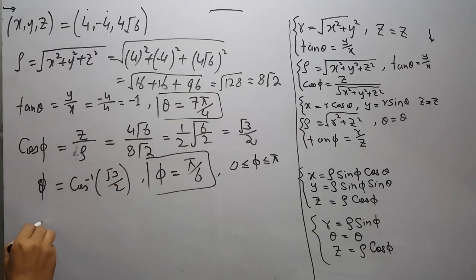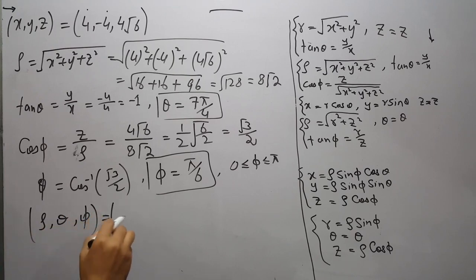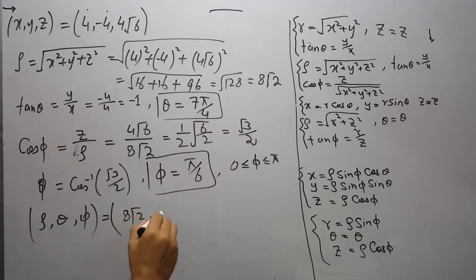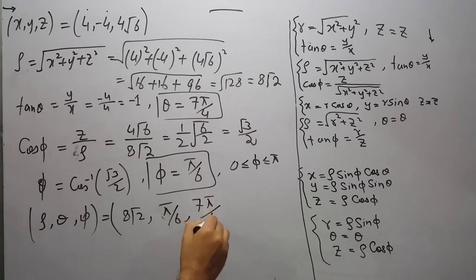So our rho, theta, and phi values are 8 square root 2, 7 pi by 4, and pi by 6.